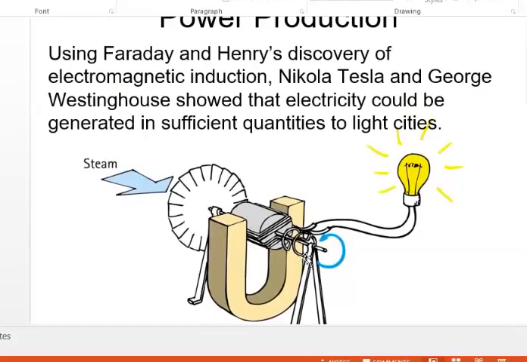The same setup can be used to produce electricity with the help of various sources of energy supply. Here, steam energy is supplied. In thermal power plants, heat is generated to produce steam, and then that steam is used to rotate the turbine, and hence electricity is produced.